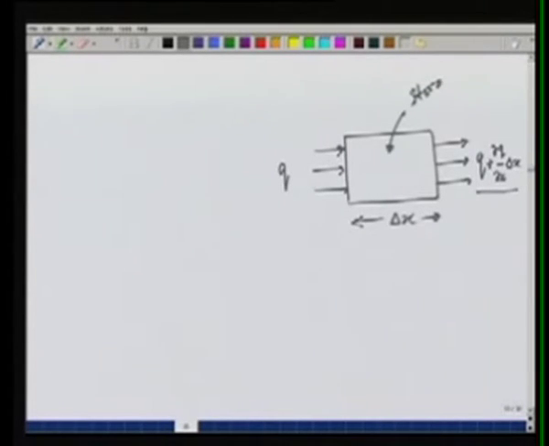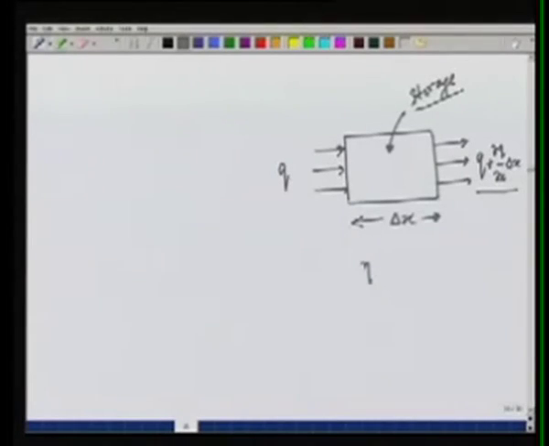There is some water stored in this element, and if we assume that the porosity is eta and consider unit width perpendicular to this plane, then the volume of water present inside this elementary volume can be given by, taking a unit width here, the width is 1 and also 1 perpendicular to this plane.